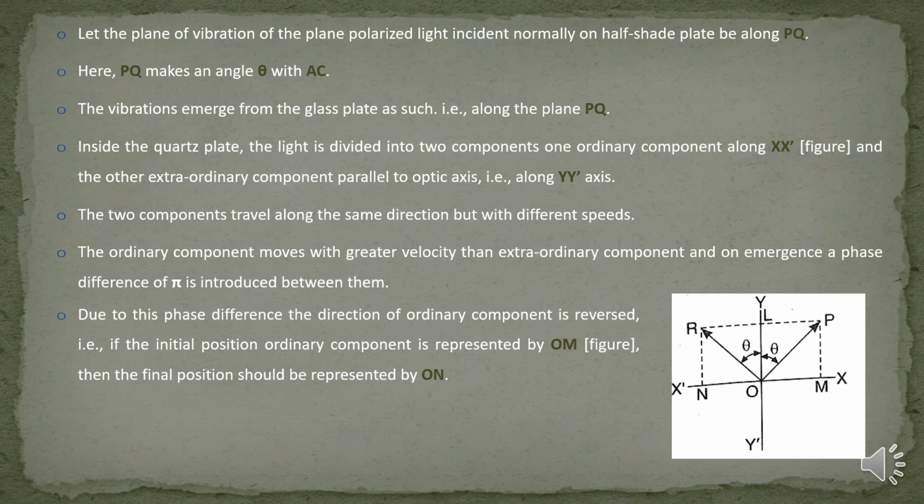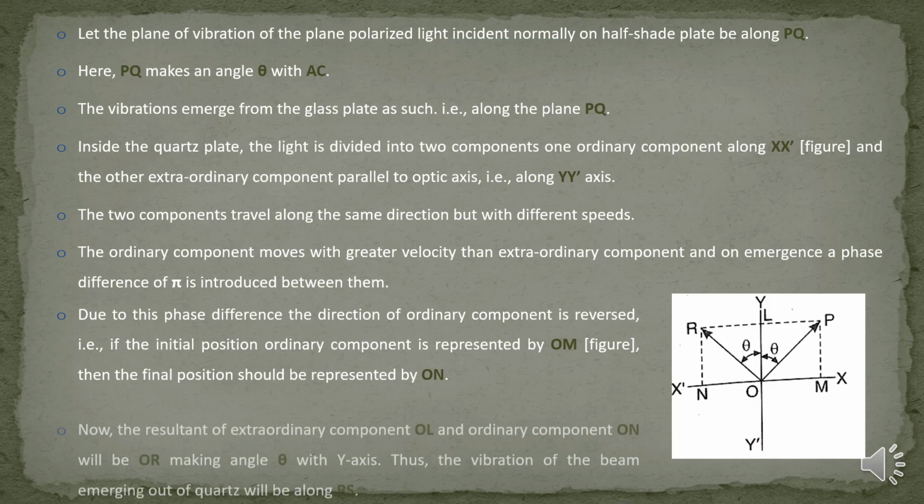Due to this phase difference, the direction of the ordinary component is reversed. That is, if the initial position of the ordinary component is represented by OM, then the final position should be represented by ON.